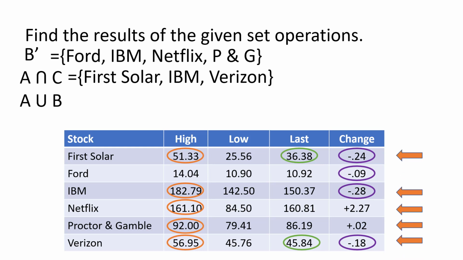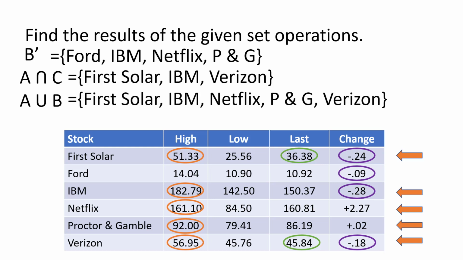A union B would be all the stocks that had either an orange circle or a green circle, which is everything except Ford. So First Solar, IBM, Netflix, Procter & Gamble, and Verizon. Pause the video now and work on checkpoint 10.